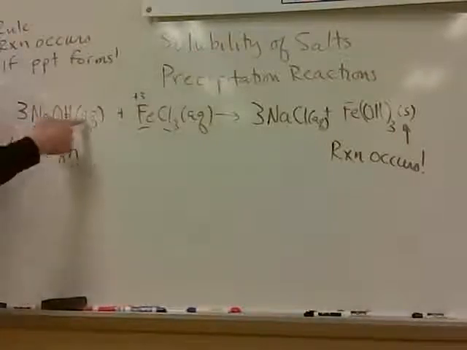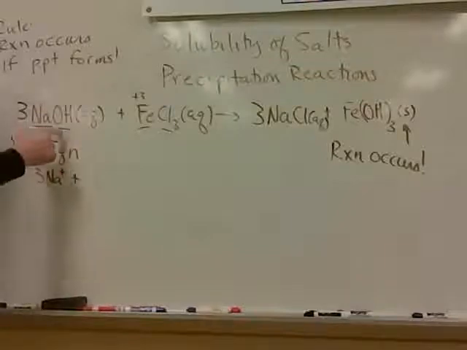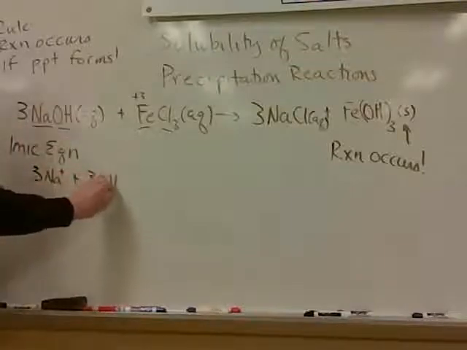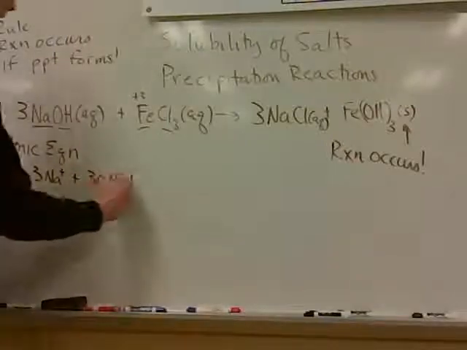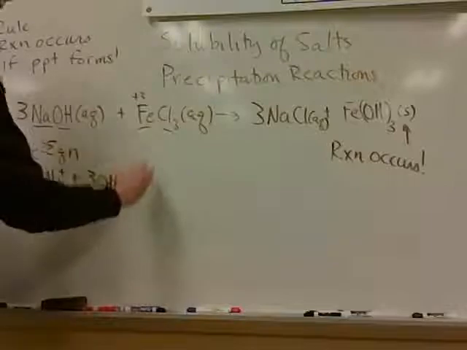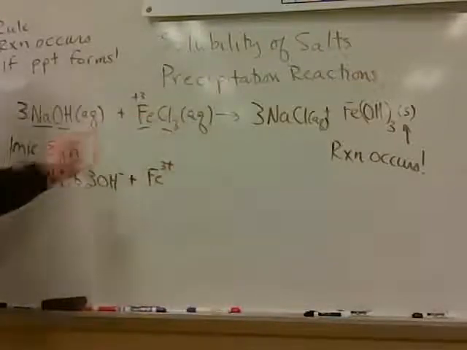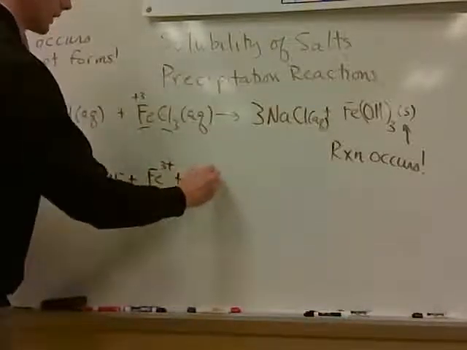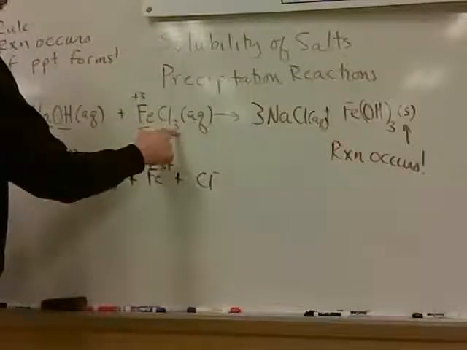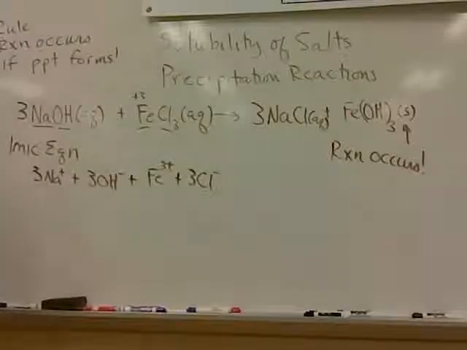So that 3 and AQ, so we have 3 Na plus, 3 hydroxides, which is OH minus, plus we have Fe3 plus, we're breaking this up because it's water soluble, plus Cl minus, but we have 3 of those from the subscript, so we can write that there.